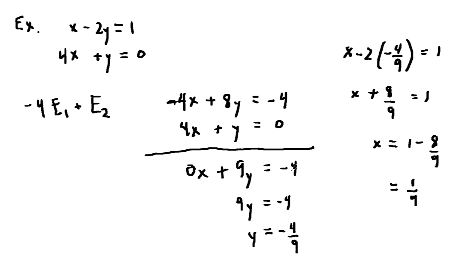Okay, so x equals 1/9. And y equals -4/9. So these are your values for x and y, and that's a solution to this system of equations.